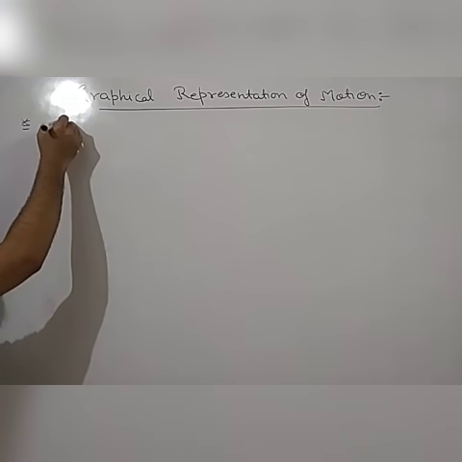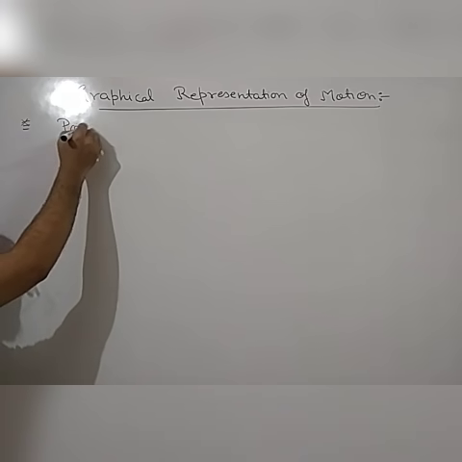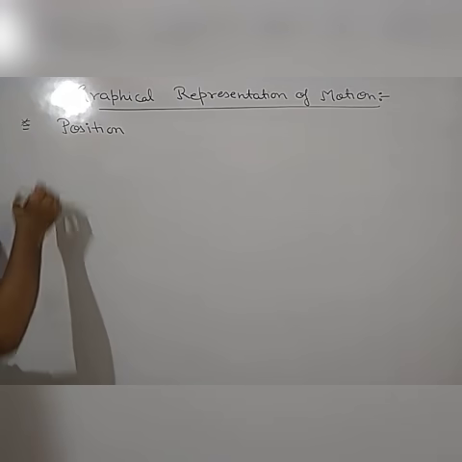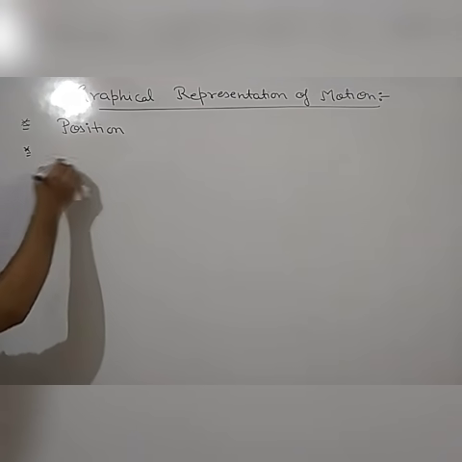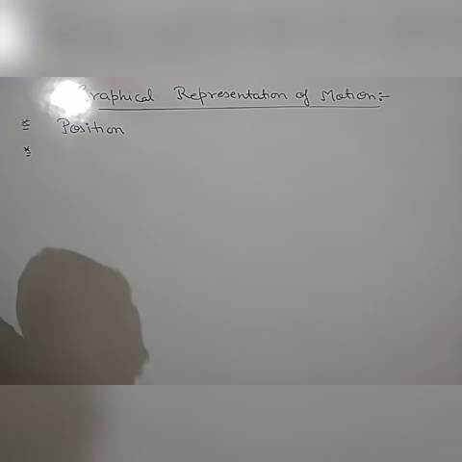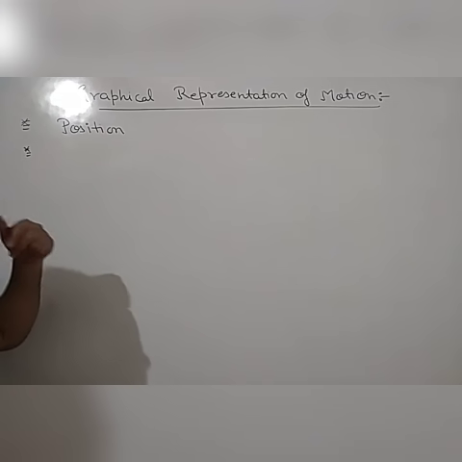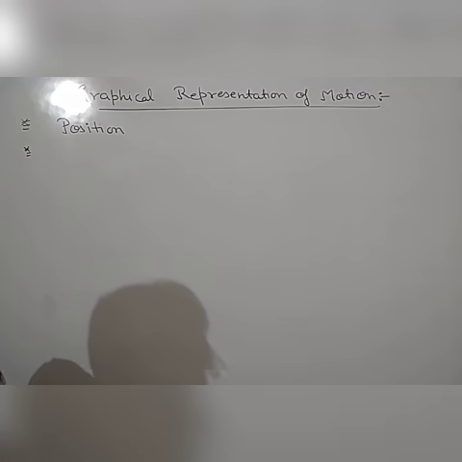I am just calling it the position of an object. The second term is speed and velocity. We will take the graph of velocity only. Both are approximately the same. Speed is a scalar quantity and velocity is a vector quantity, and in physics we generally use velocity for the representation.